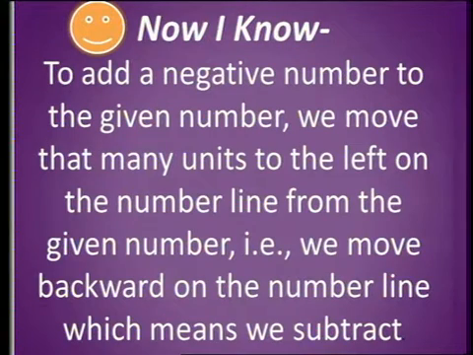It means the student learns from this clip that to add a negative number to the given number, we move that many units to the left on the number line from the given number. That is, we move backward on the number line, which means we subtract. Nice. It means students happily participate in the activity, get their concept cleared, and learn as well.